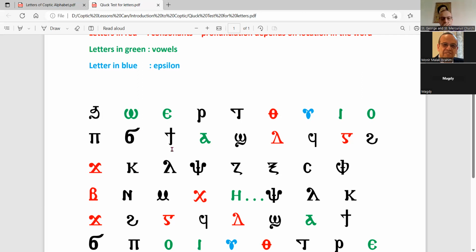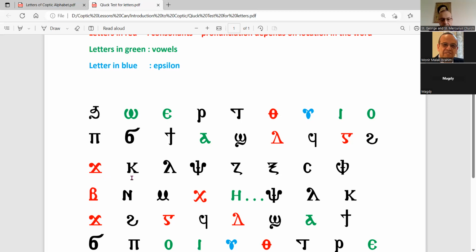Next to it is T. The one in green is alpha. The next one in black is chi. Then the delta. Then phi. The gamma. The one in black is hori. Then janja, red.